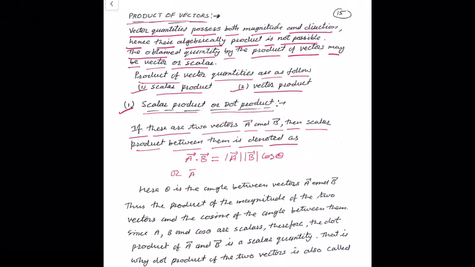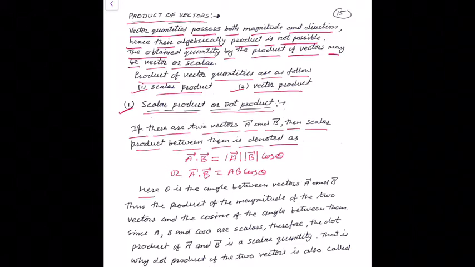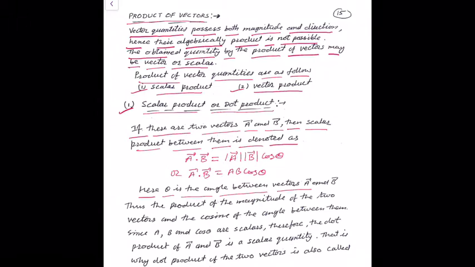Or we can write A vector dot B vector is equal to AB cos theta. Here theta is the angle between vectors A vector and B vector.